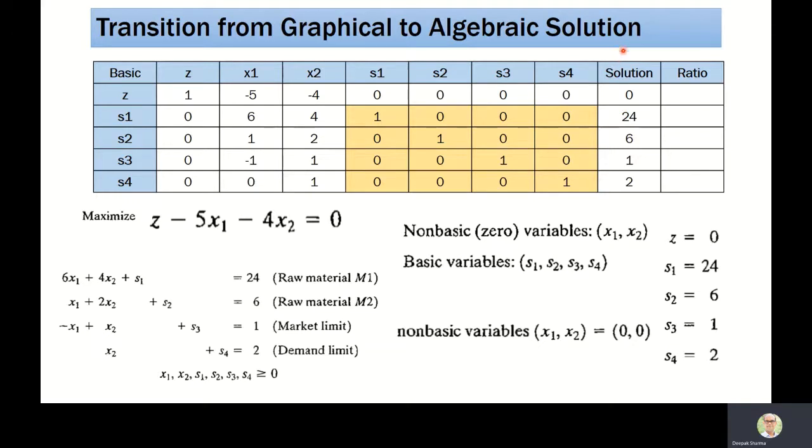Yes, look at the column corresponding to the solution. Z is 0, which means this is our objective function value at the current point when X1 and X2 are 0 because they are non-basic. The solution column gives S1 as 24, S2 as 6, S3 as 1 and S4 as 2.